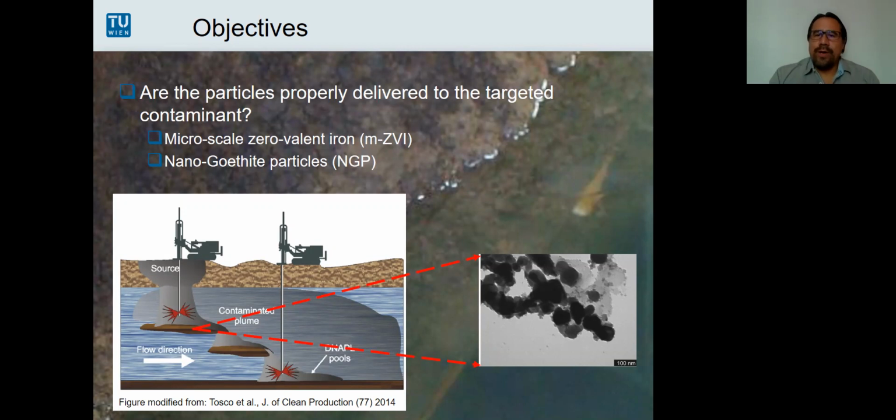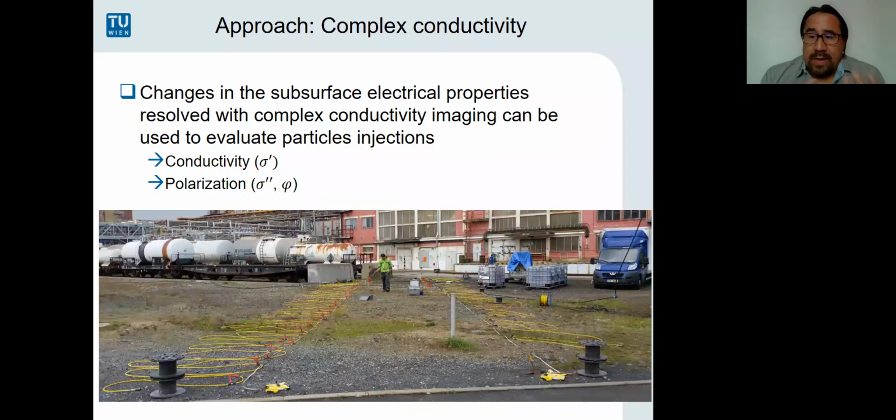Is this really working? I am going to show some results from the application of microscale zero valent iron and nanogoethite particles. I am going to show also results where we apply complex electrical conductivity.